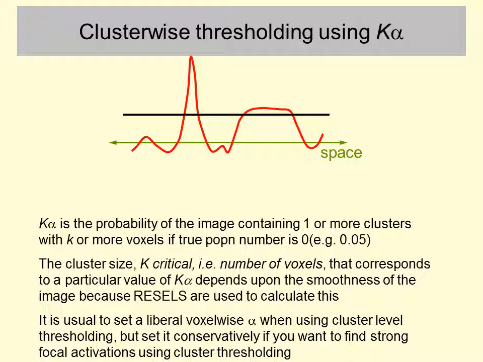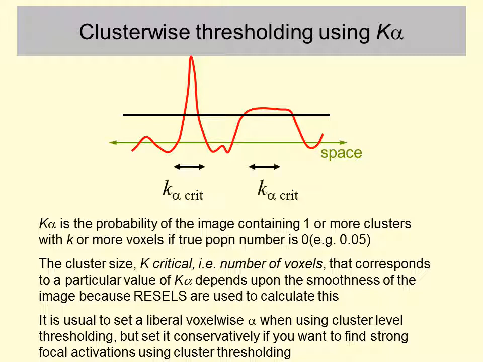The next thing that has to happen is to calculate a critical value of cluster size to decide whether individual clusters pass thresholding or not. As I said earlier, the probability value for a larger cluster is lower, i.e. larger clusters are less likely to occur by chance.